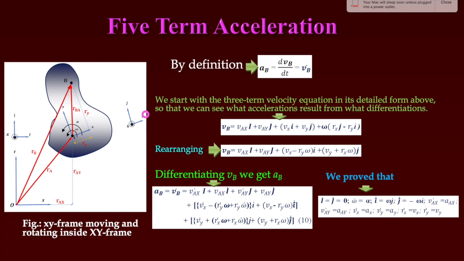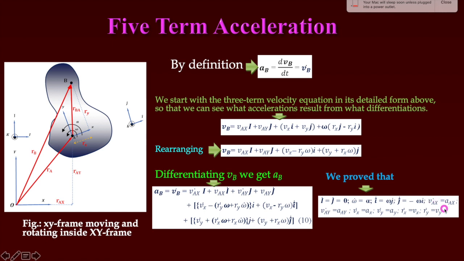So this small i dot or small j dot is not 0; rather we have proved in the last class that i dot equals omega j and j dot equals minus omega i. Again, omega dot that we are getting here, d omega by dt, is the angular acceleration alpha.